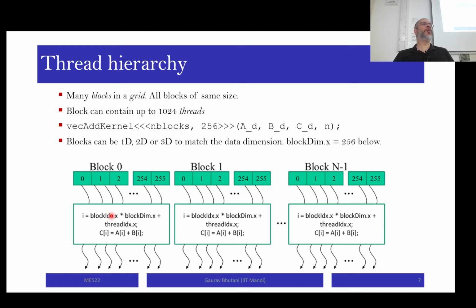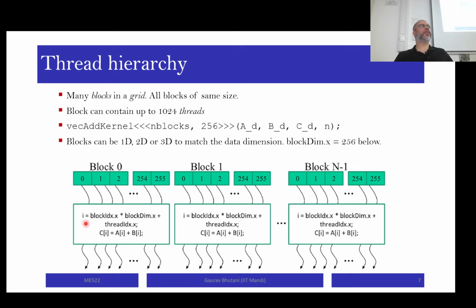So to use the idea of data parallelism, where it's the SPMD approach, where you have the same program but different data running on each thread. So if you are working with an array where you are adding elements, you will need an I, the index of the array, which has to be unique for each thread. So how will you convert the block numbers and thread numbers into that unique index numbering?